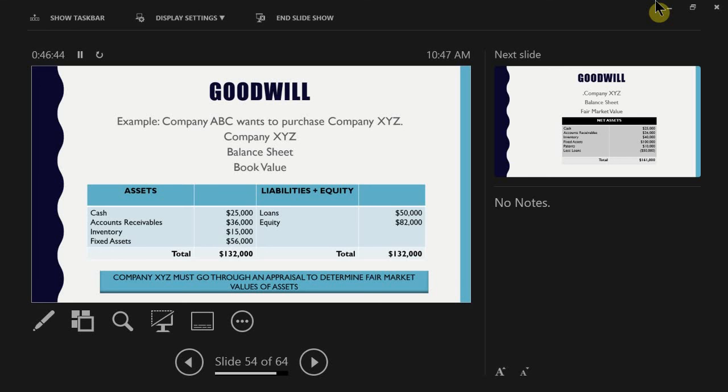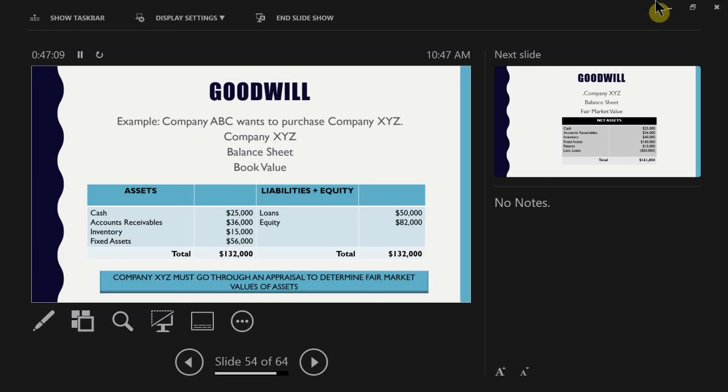So that gives a total of $132,000 worth of assets. And for the liabilities, they still have loans to pay off. They have $50,000 worth of loans, and of course equity is going to be the assets minus the liabilities, which is $82,000. So this is their books, this is what you are going to be acquiring.